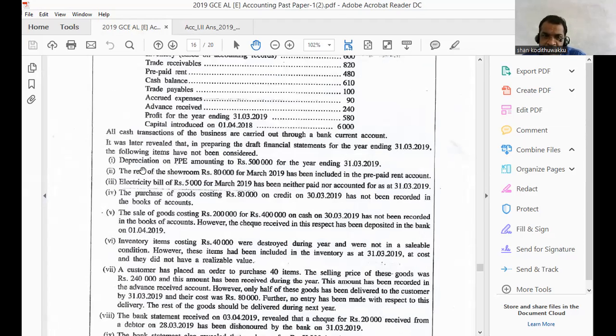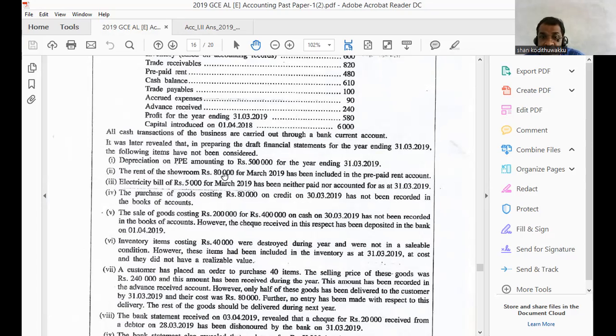adjustment. If I just explain that again, the rent of the showroom, 80,000 for March 2019, has been included in the prepaid rent account. Here they have given prepaid rent at the end of the period, but as they have mentioned, the 2019 March rent is included in that value, we can set off 80 from that value.